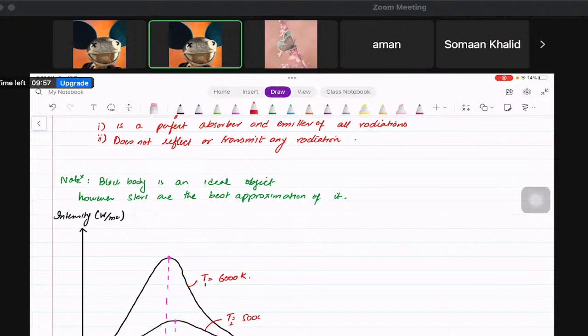For a lower one, it could be 4,000 kelvins, and for the next one it could be 3,000 kelvins. So the greater the peak, the higher the surface temperature is going to be.